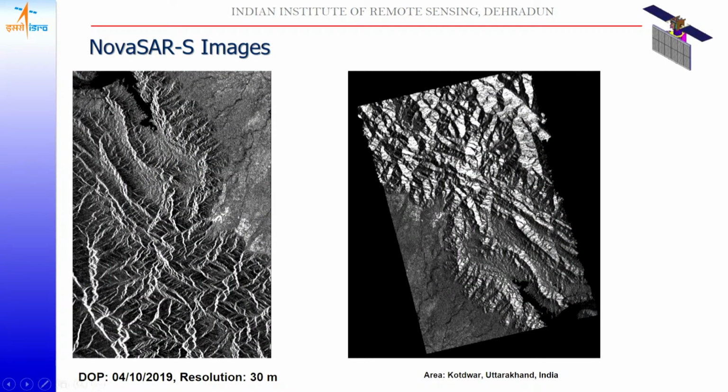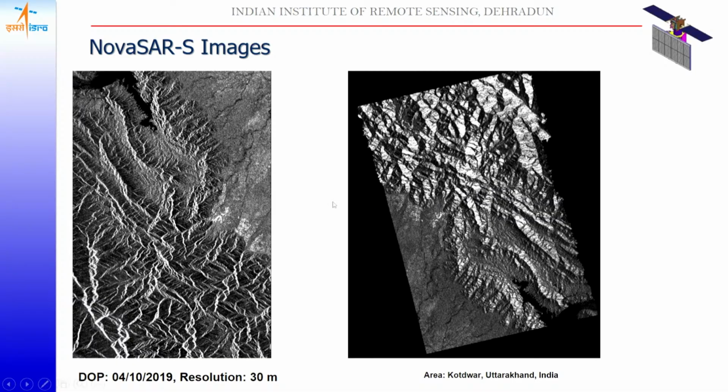This is the normal ground range image of the NOAA SAR, and after doing the terrain correction, which has been done by us, we have generated the terrain corrected image of the NOAA SAR S image, so that it can be projected to the earth geometry.